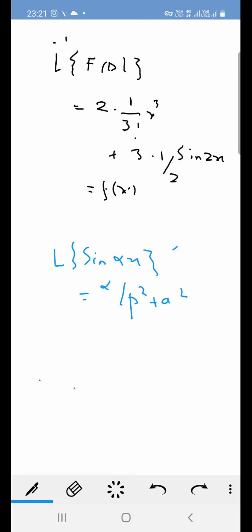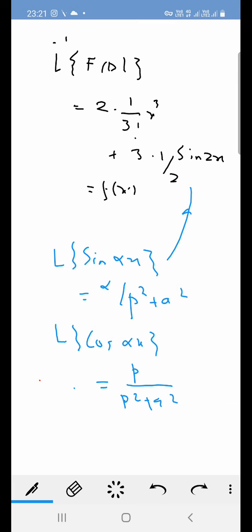This is how this expression was derived, and similarly Laplace transform of cos alpha x will be equal to p by p square plus a square, and Laplace transform of sine hyperbolic alpha x is equal to alpha by p square minus a square.